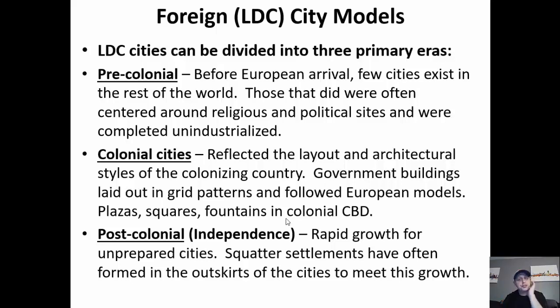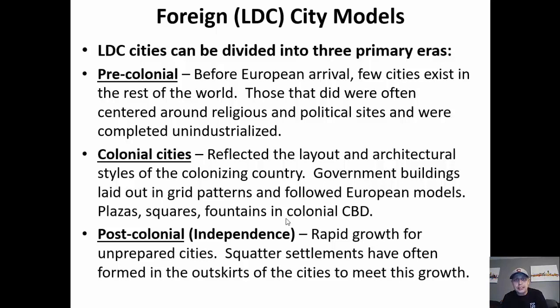Government buildings were usually laid out in a grid pattern with a plaza or square, and then various plazas, squares and fountains were created around that area, which developed a grid-like pattern with squares in between. Again, very common in European cities, and therefore very common in cities that Europeans colonized as well.